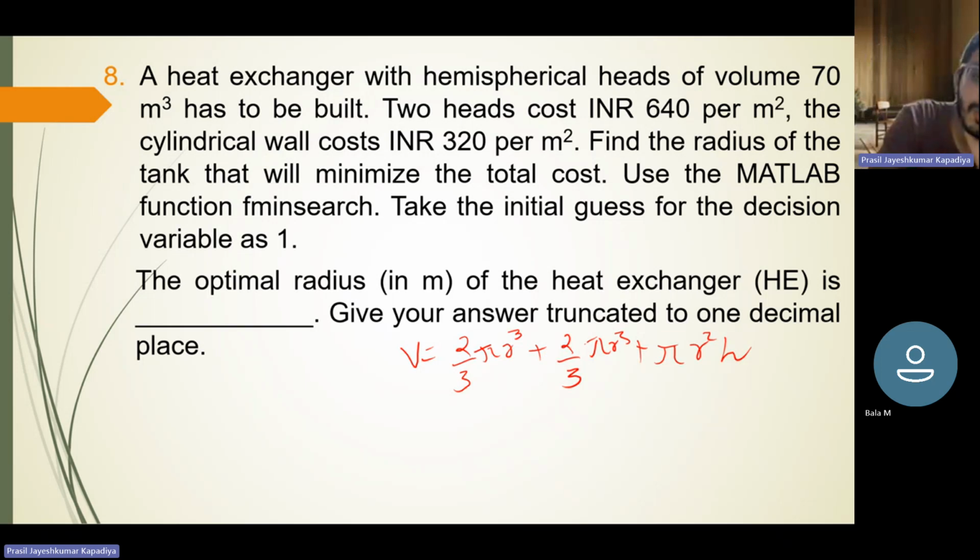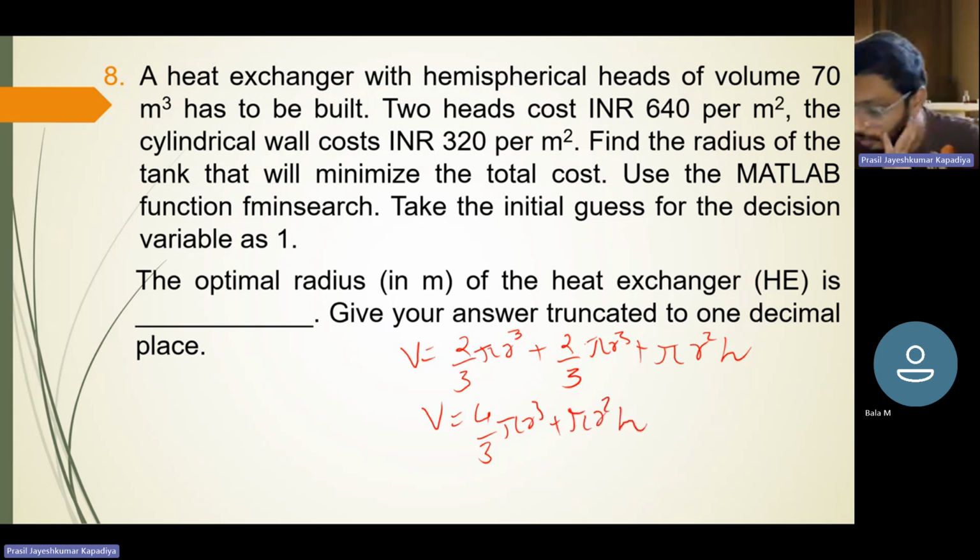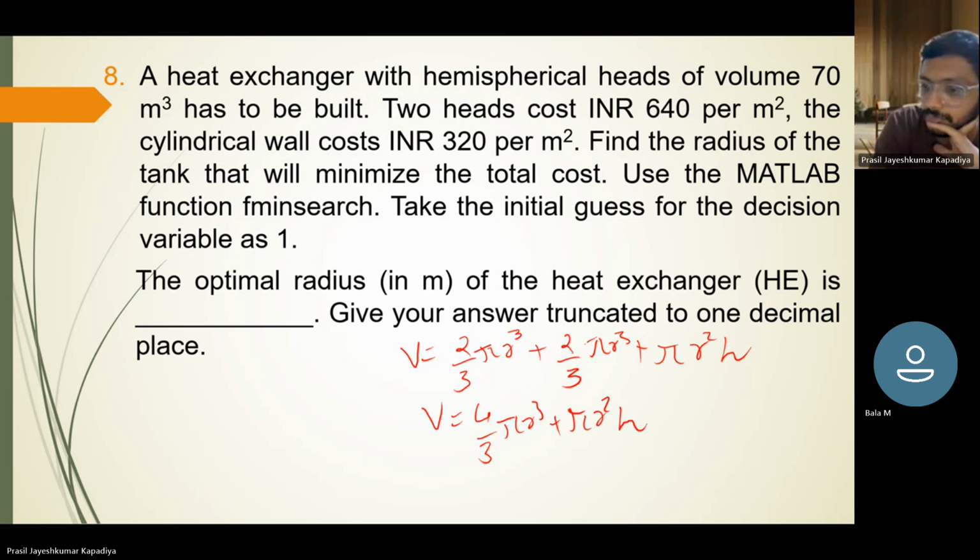So my volume is equal to 4 by 3 pi r cube plus pi r square h. And the value of volume given to us is 70, right? Okay, so this is one thing.